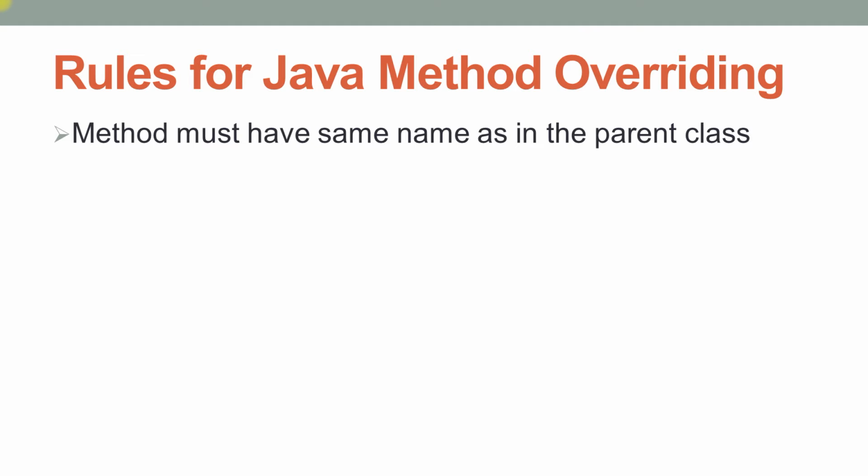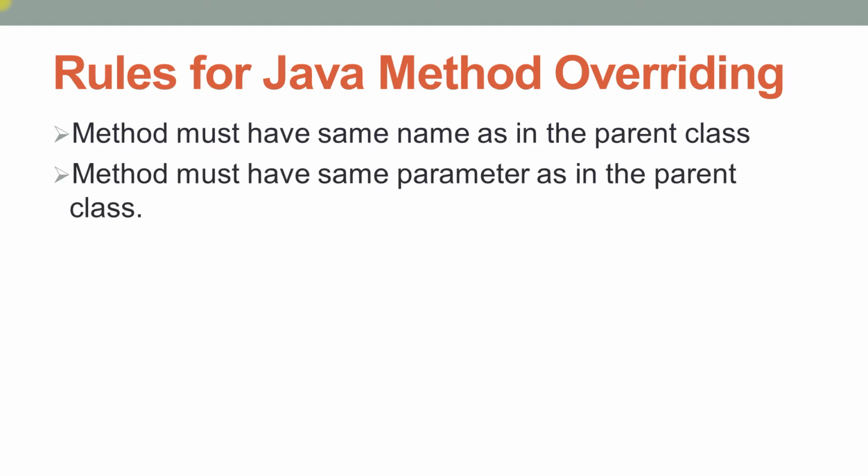It means the function name is the same, its parameters are the same, the order is the same, and finally the return type is also the same. In method overloading we found ways of implementing it by changing the parameters, the number of parameters, or the order of the parameters. Here all should be the same. So the method must have the same parameters as in the parent class.